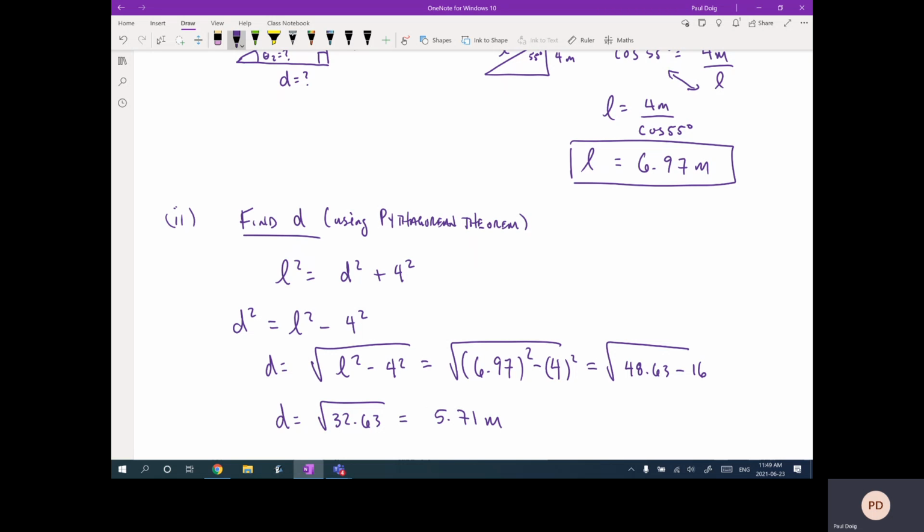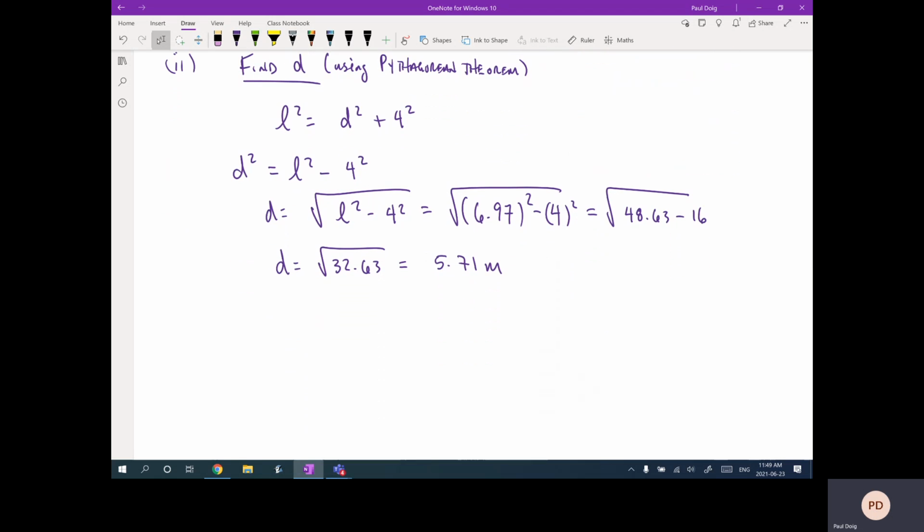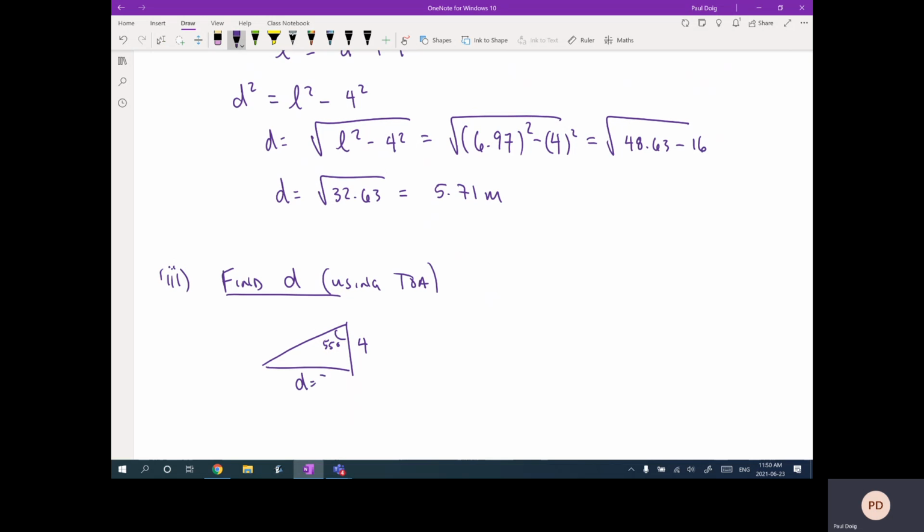All right. Well, we could have used some trig as well in this to find D, and let's just check our answer. The beauty of all this is that we can actually check our answer, right? So in the third way, we can find D just to check. If I redraw that triangle, what we had was 4, and 55 degrees, and D is here, unknown.